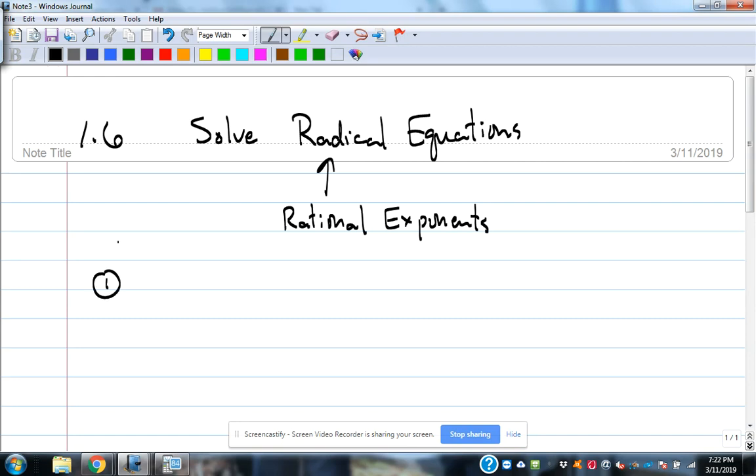First thing you want to do when you're trying to solve an equation that has a radical or a rational exponent is you want to isolate the radical or rational exponent part.